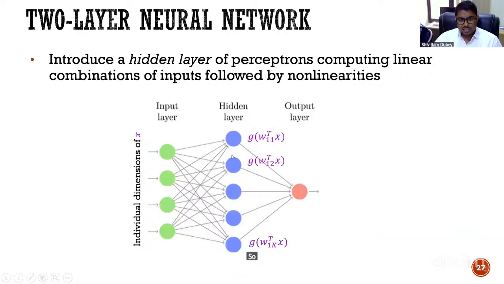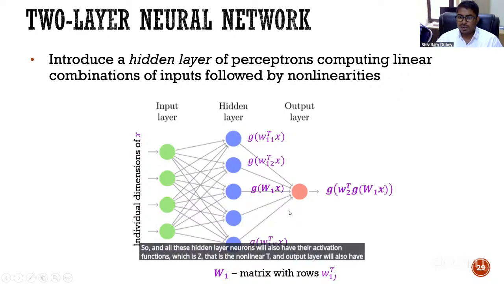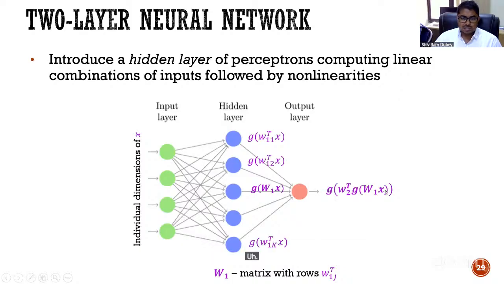So all these hidden layer neurons will also have their activation functions, which is Z, that is the nonlinearity. And the output layer will also have its own nonlinearity. So the final output here is represented as, for example, this W1X, which represents the output of this hidden layer combined, which is given as the input to this output layer neuron.